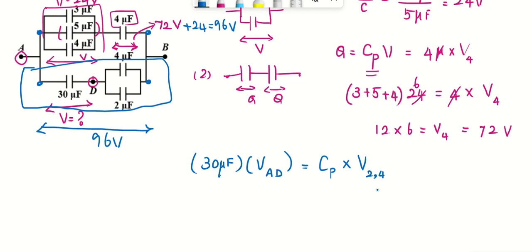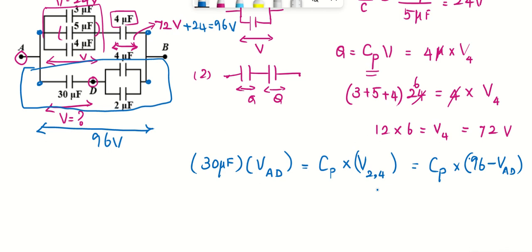Now we know that the total voltage difference between them is 96 volts. Then I can write this as Cp times 96 minus VAD. That is the voltage across the 30 microfarad.